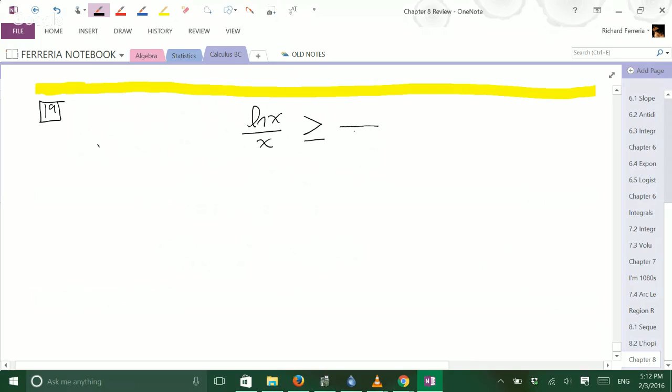Not much I can do there. Or I can make the numerator smaller. Well, once x gets big enough, the natural log of x is always bigger than 1, isn't it? If x is big enough, the natural log of x is bigger than 1. Good.